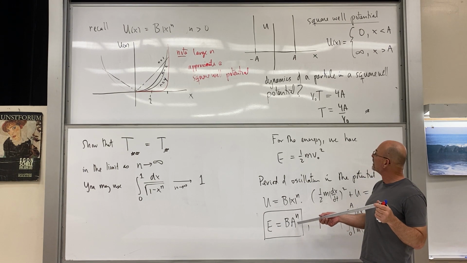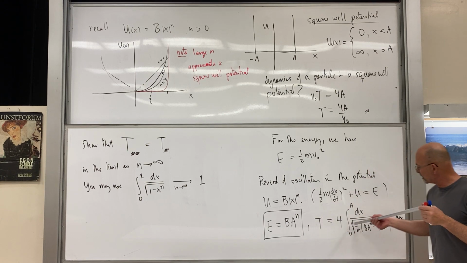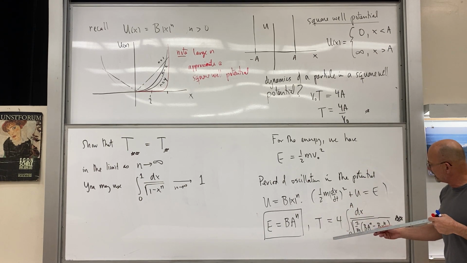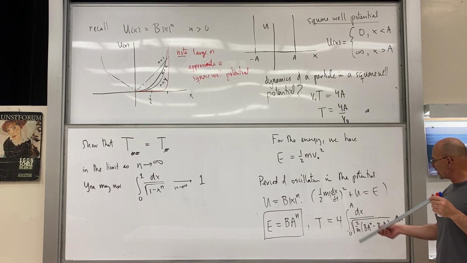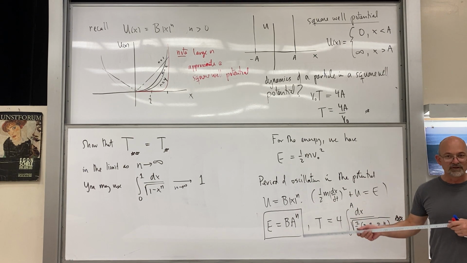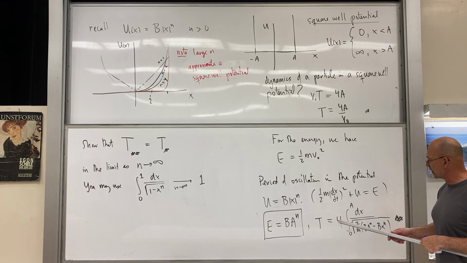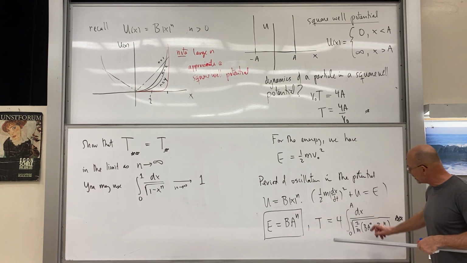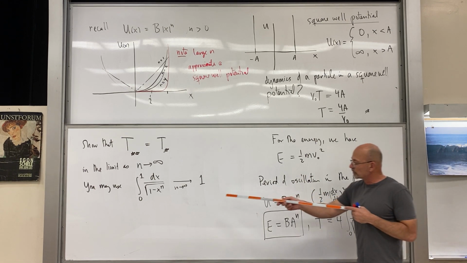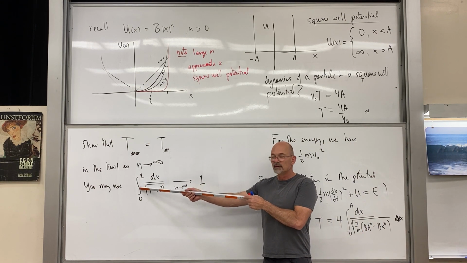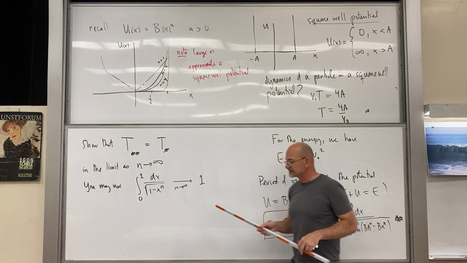So after you've turned this into a dimensionless integral, you pulled everything out front, you put E back in there in this form, and that gets rid of all of your n going to infinity term. So you make a substitution with this before you take the limit n goes to infinity. And the limit n goes to infinity is really just working on this integral and making use of this fact.